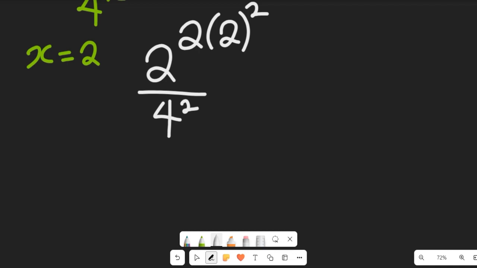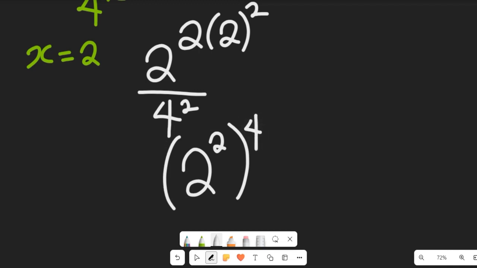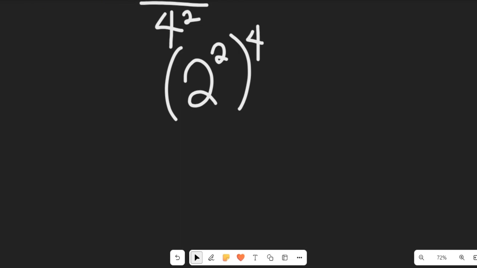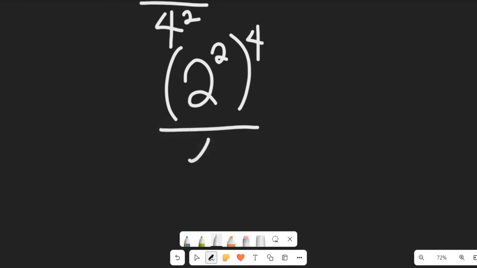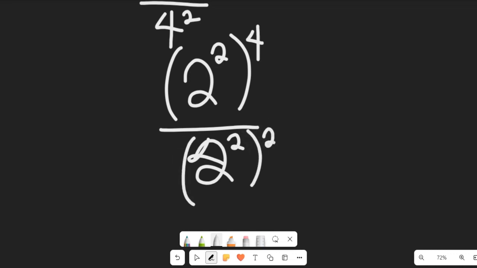2 times 2 is 4. 4 times 2 is 8. So we are going to have this expression give us 2 to the power of 8, because 2 to the power of 2 is 4, divided by 4 to the power of 2, which is 2 to the power of 2 multiplied by 2, or 2 to the power of 4.